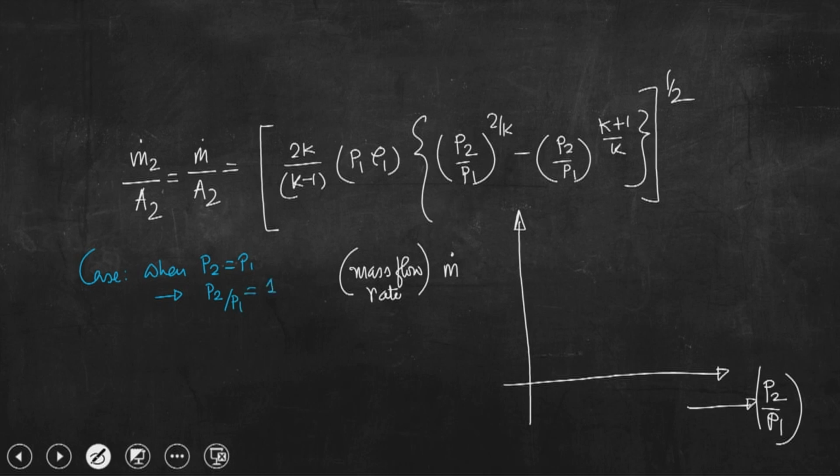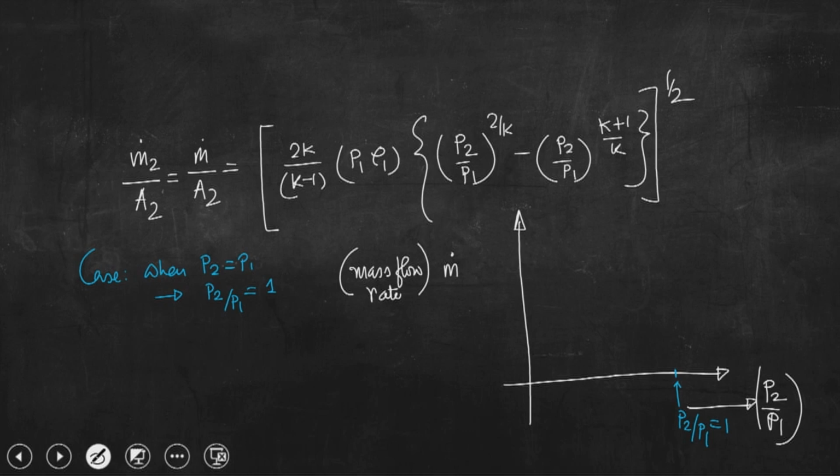So, if we scale it from 0 to 1, say this is 0, this is P2 by P1 equal to 1. So, when P2 by P1 equal to 1, we can see from this expression that mass flow rate is 0. So, it will start from here. So, this is 0.